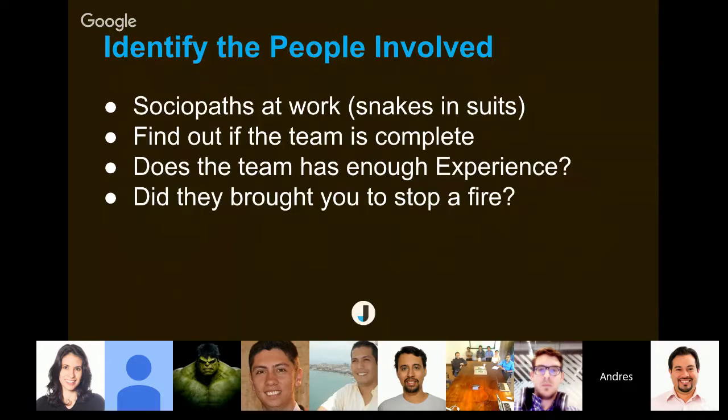Does the team have enough experience? If you're going to get a junior guy, speak up. Say, "Hey, I'm getting this guy. Nothing personal, but you're a junior, and I don't know if I can make it with you." First, make sure that everyone knows that the person knows less than you. Because junior doesn't necessarily mean he's a bad developer.